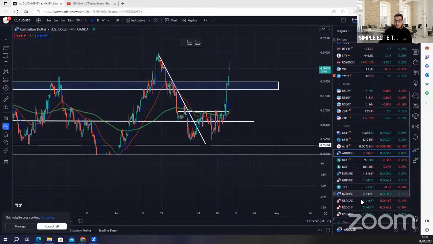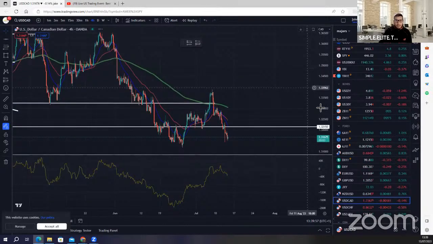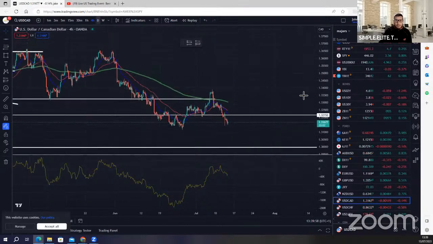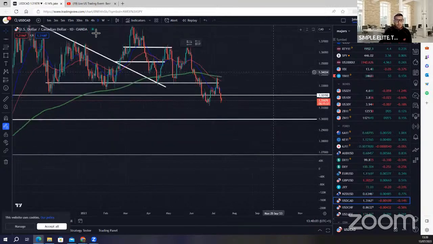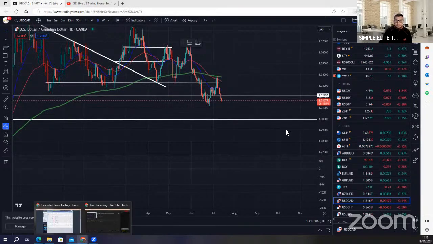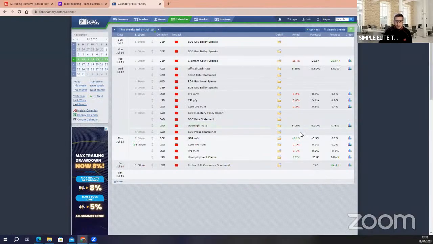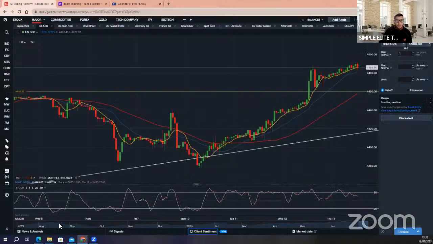Moving on to dollar CAD. Dollar CAD as well is still bearish, but not that much, because CAD yesterday just stopped the interest rates, so they didn't increase, so it's quite holding now.